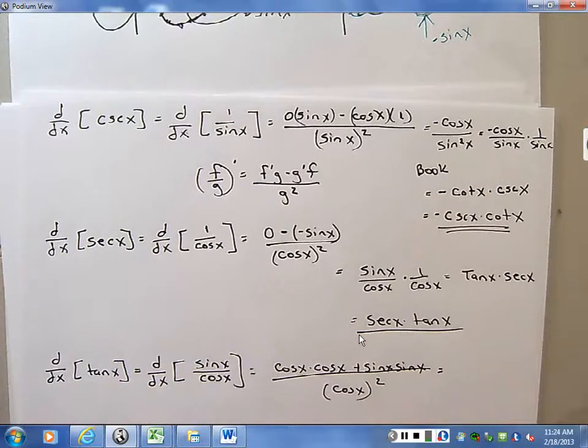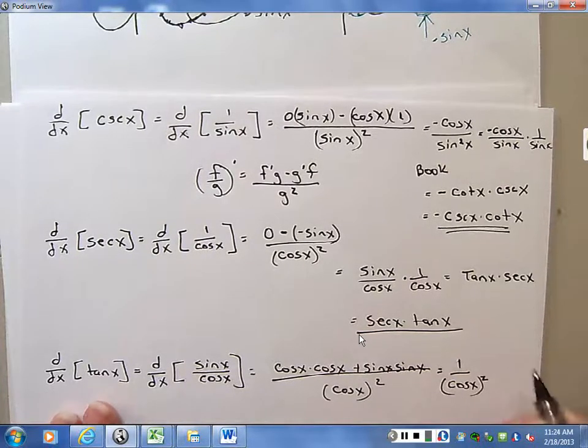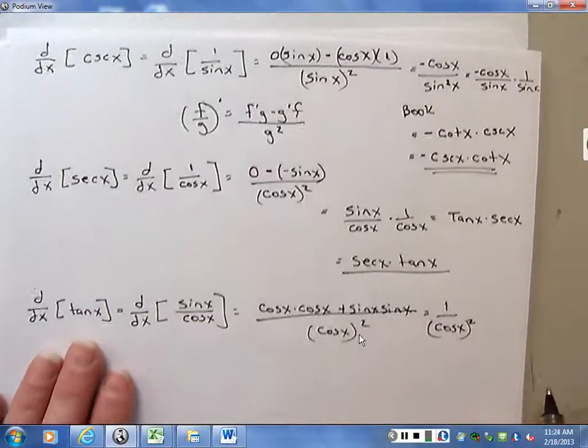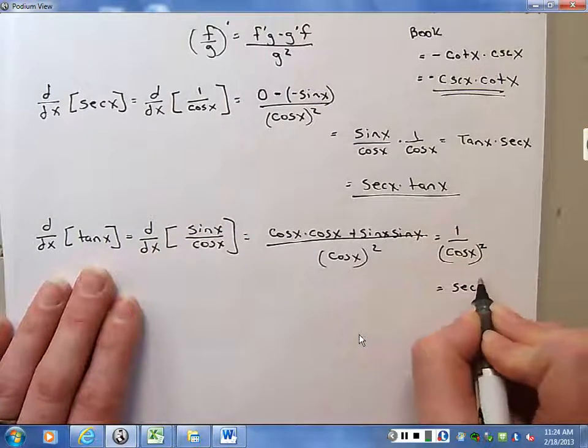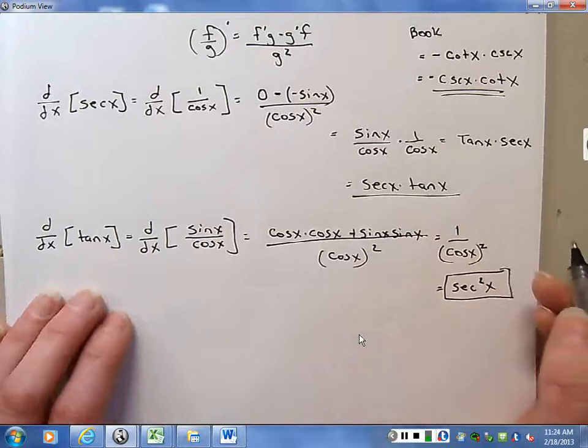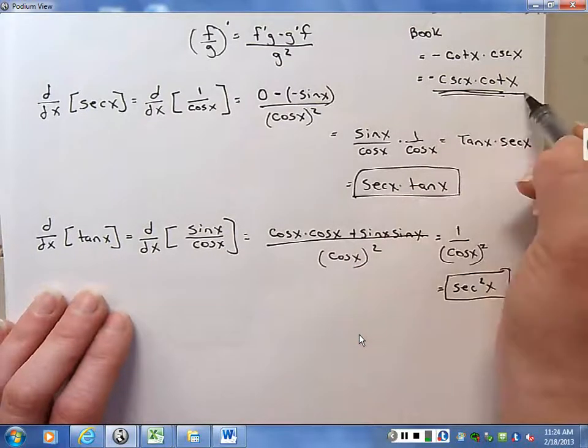What's cosine squared plus sine squared? 1. So I can simplify this to 1 over cosine of x squared. So what's another way to write 1 over cosine? Secant. So this turns out to be secant squared x. So the derivative of tangent is secant squared.